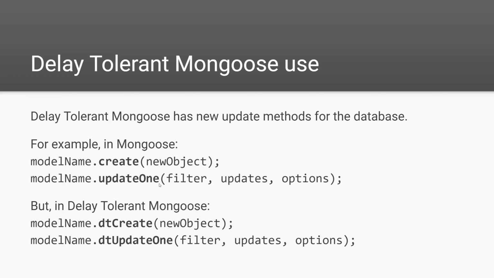But if you want to use the delay-tolerant methods, you will only have to change the names from create to DTCreate, or from updateOne to DTUpdateOne. And with only that change, you will have the new delay-tolerant functionalities, and you will have your distributed database up and running just by adding the configuration object and updating your methods from the regular ones to the delay-tolerant ones.